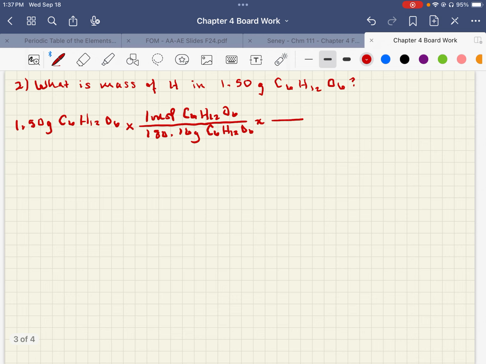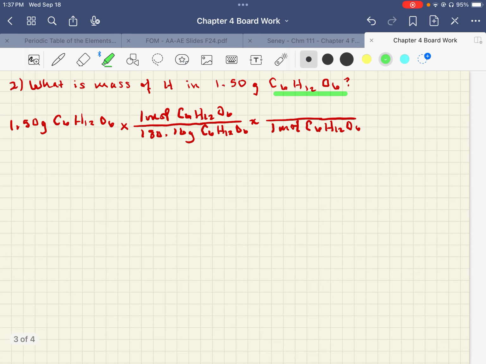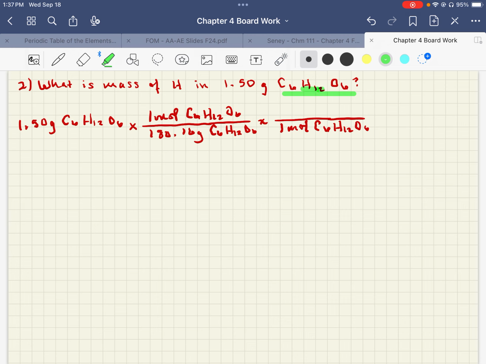And then we go to the chemical formula composition. So note that for 1 mole of that whole compound, C6H12O6, what I want you to notice is for this whole compound, we have 12 moles of hydrogen. So 12 moles of hydrogen up top.